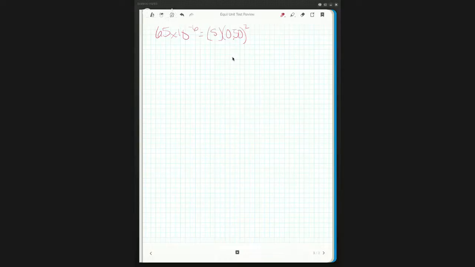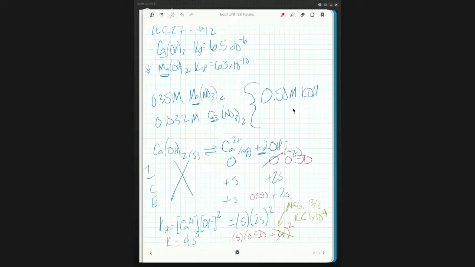Well, I didn't do that exactly right because I forgot. I'm sorry. The solution, I said that was the common ion. My apologies. I forgot. The other one was in there first. So it was the 0.032 calcium nitrate that was already in there. 0.032. Sorry about that. I forgot which one was in there first.